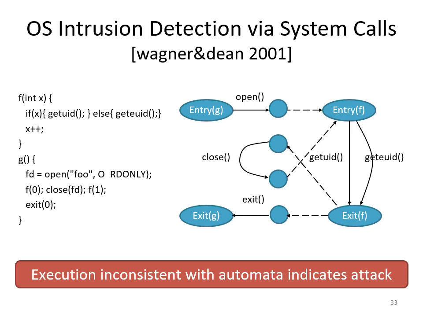We know, for example, that if you call open and then you call close, we should always see calls to open and close in that order. If we see close first and then open, we know something's wrong. So we can build a state machine from an application that says what it looks like.